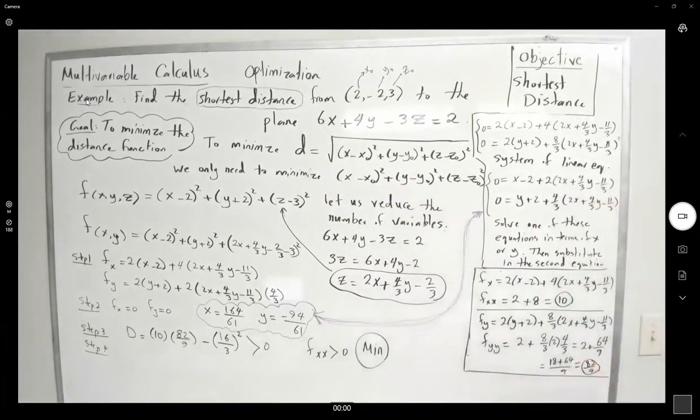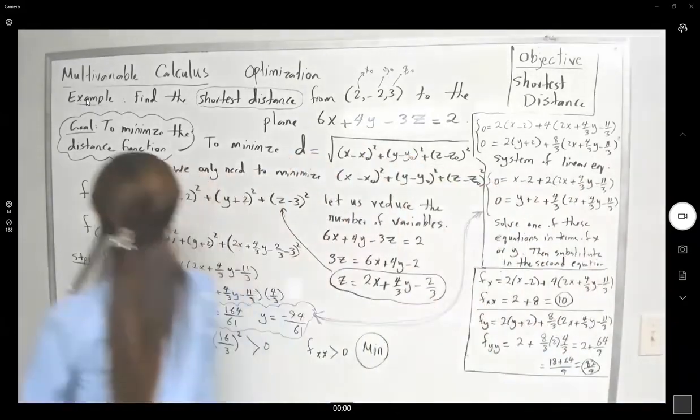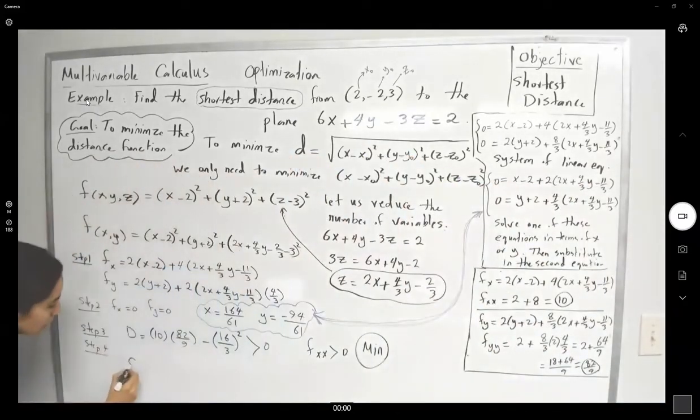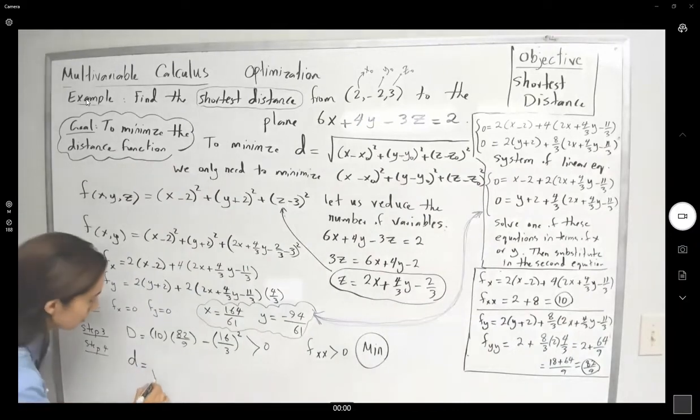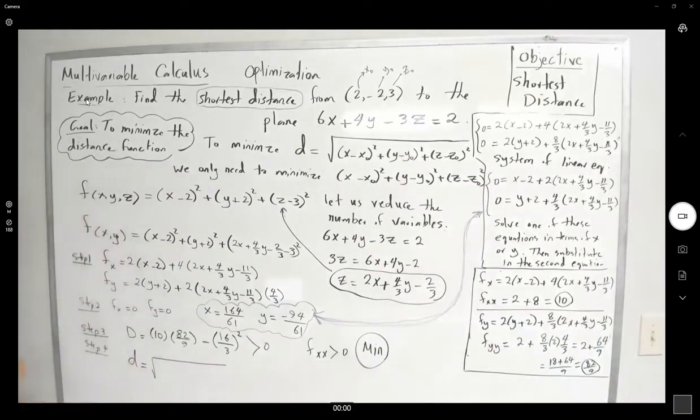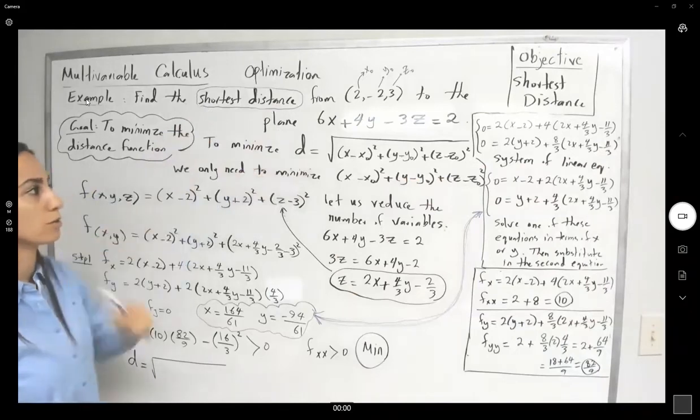Now you're wondering what is the minimum value? D is equal to the square root of, because our goal was to find the shortest distance, and the distance function is a square root.